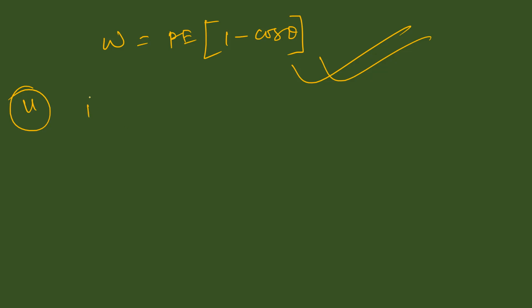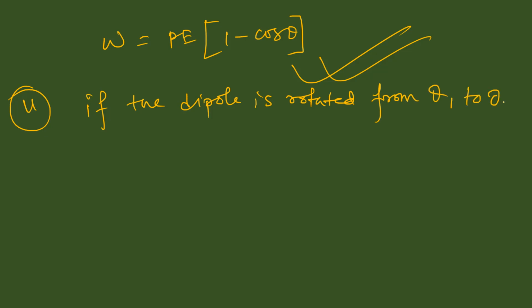But if the dipole is rotated from theta 1 to theta 2, suppose initially the dipole was already inclined at some angle and has now rotated to some other angle, how do we find the work done?